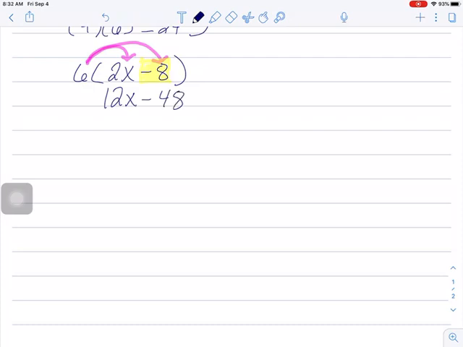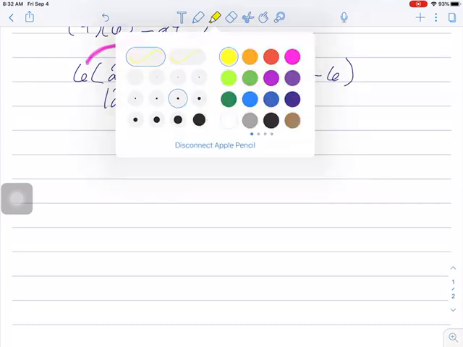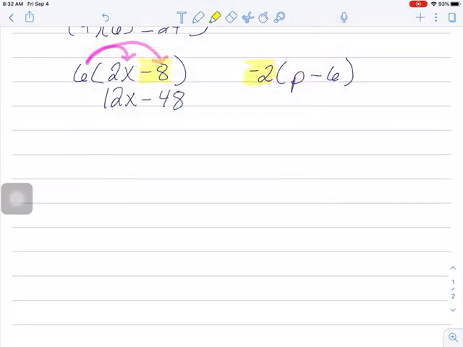Or sometimes you might end up with something like this, negative 2 parentheses, and it's not always x, so let's use something else, I don't know, p minus 6. So you might start out with a negative outside your parentheses. Just remember that that is a negative 2 that you are distributing through the parentheses, not a positive 2.